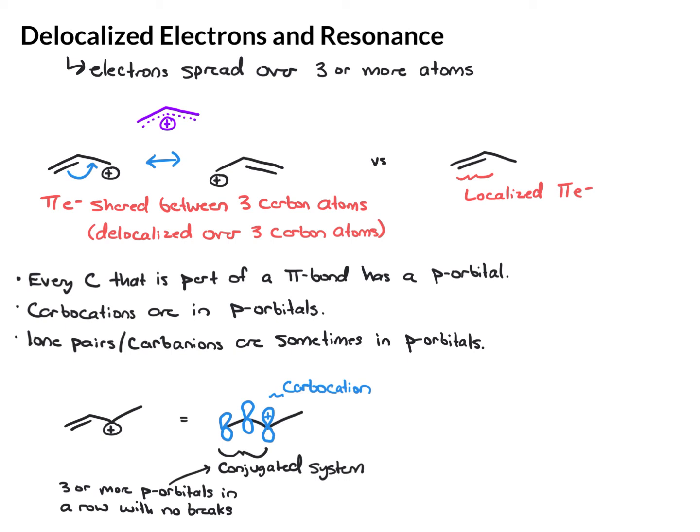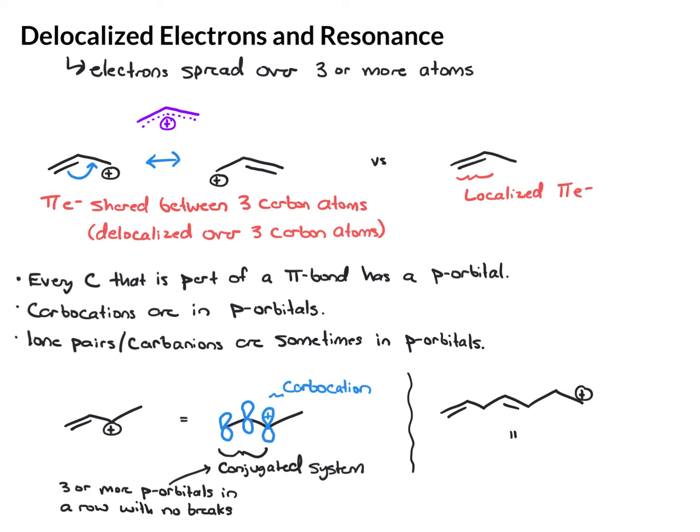Okay, so let's look at another molecule here. It has a lot of similar features in that we have double bonds and positive charge. And the question is, is any portion of the molecule conjugated? So let's draw a p orbital picture for this.